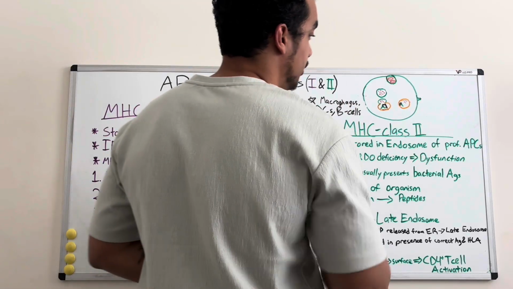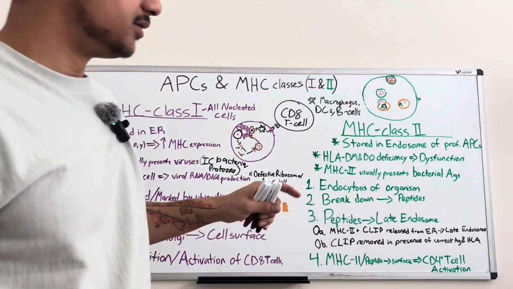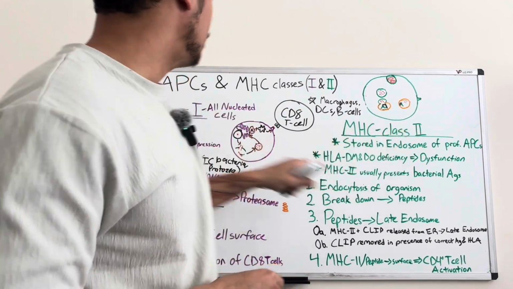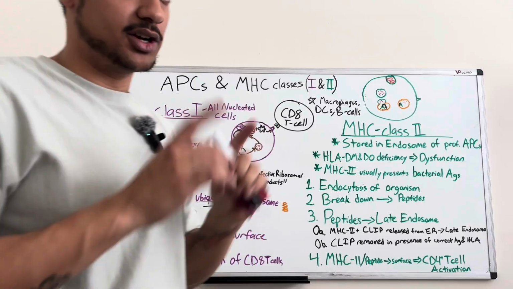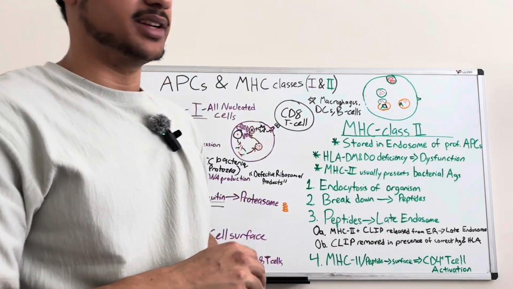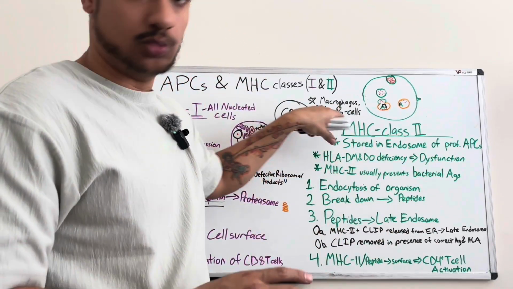These are known as professional antigen presenting cells because they have, you guessed it, MHC class 2 and MHC class 1 presented on their cell surface. That's the reason they're called professional antigen presenting cells. So if you see that word and you're confused as to what it means, this is what they are, okay?